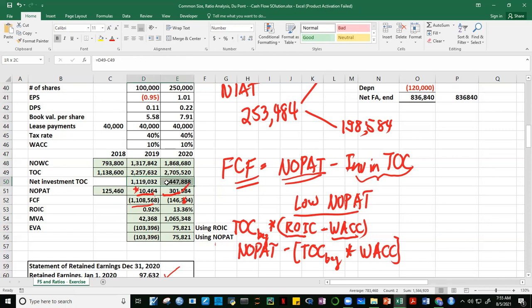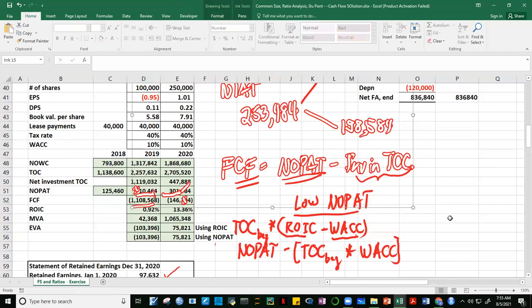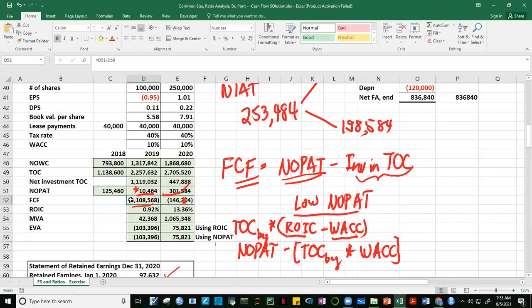So, free cash flow natin will be your operating profit minus the net investment. Net operating profit minus our investment in total operating capital.